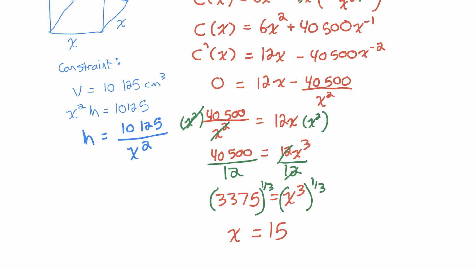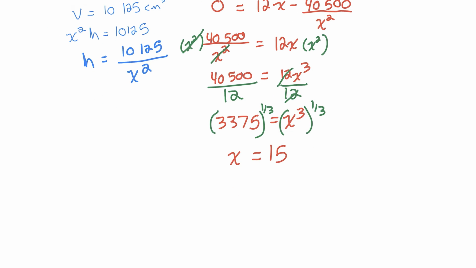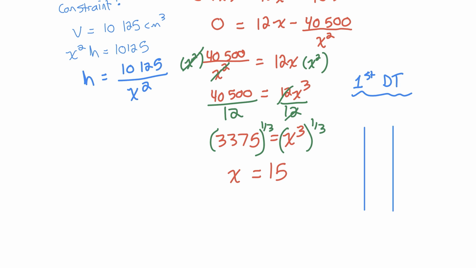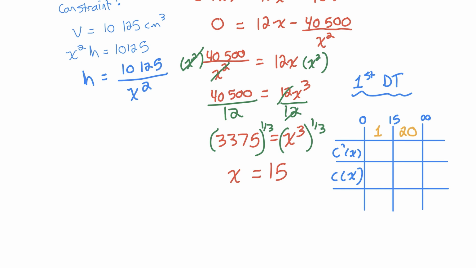Now, I should verify that this minimizes the cost by doing a first or second derivative test. Let me quickly do a first derivative test. I'm going to pick a test value between 0 and 15 and between 15 and infinity. I chose test values of 1 and 20.